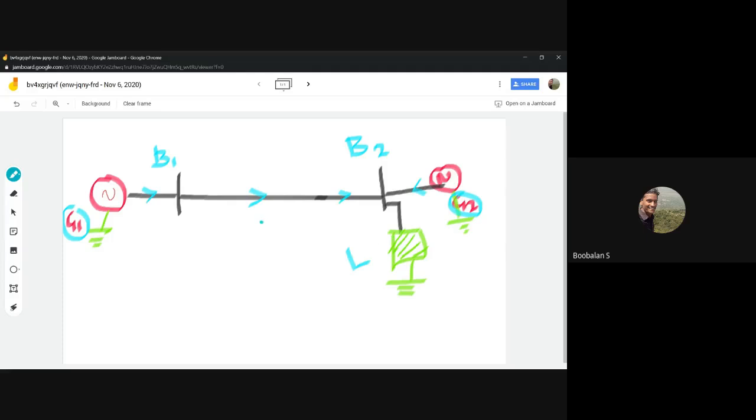This is a small diagram where you can see this particular load demand is shared between the two generators, G1 and G2. And you can clearly notice that this load is connected at bus number 2, which is closely connected to generator G2.